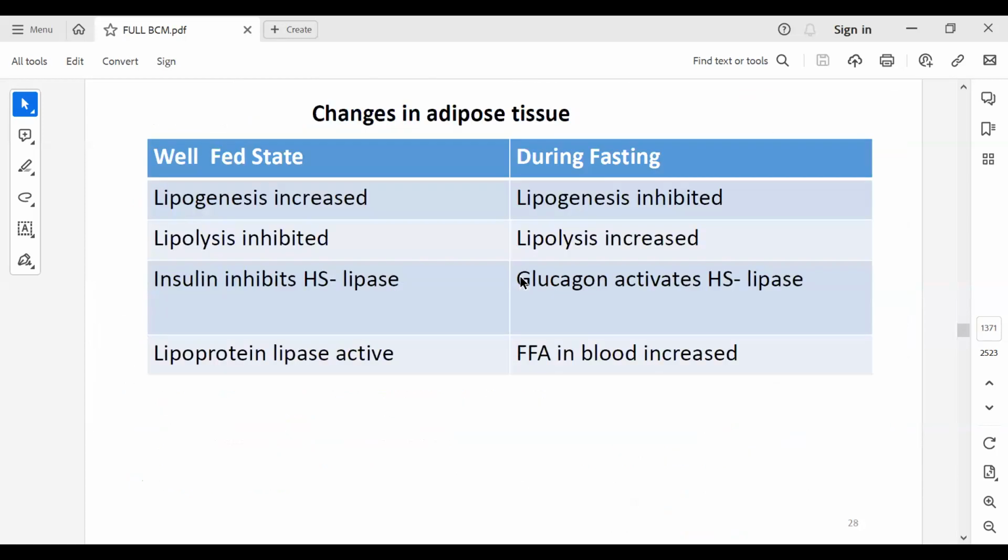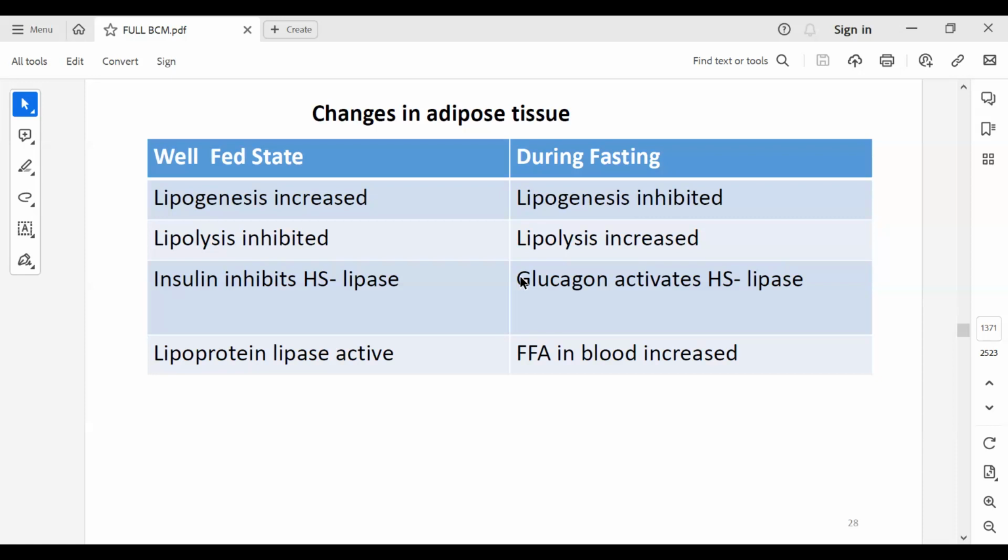Again, you only have to remember two hormones, two enzymes: either the lipoprotein lipase, which will be active when you're in a well-fed state because you want to break down fats in the blood and take them up into the adipocytes and store them.